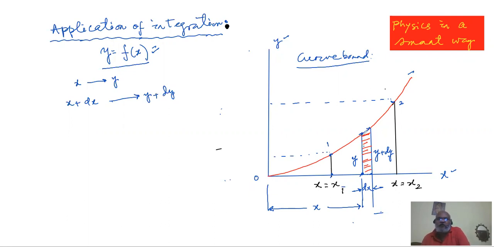If I suggest you take this area as a rectangle, you may be slightly hesitating. This is not a full-fledged rectangle. Maybe it has a base, and the base is dx, but the topmost part of the figure deviates from the rectangle.